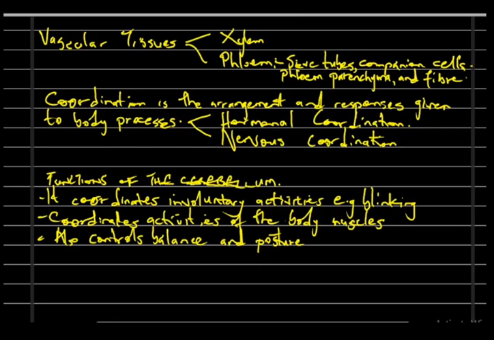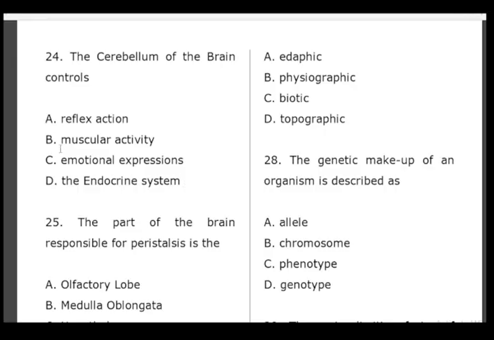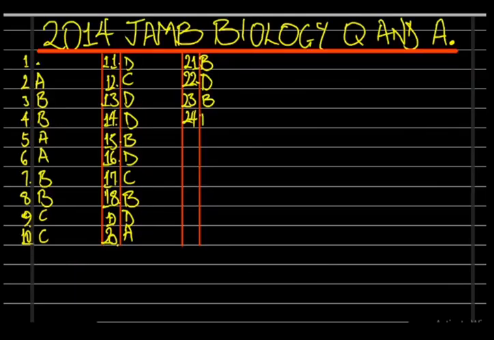It is responsible for maintaining firmness of the body as well. So if we look at all of these that we have written here, we'll be able to make a pick of what the answer to our question is. You can see that the answer to this question is option B, which is muscular activity. So that's for question 24.